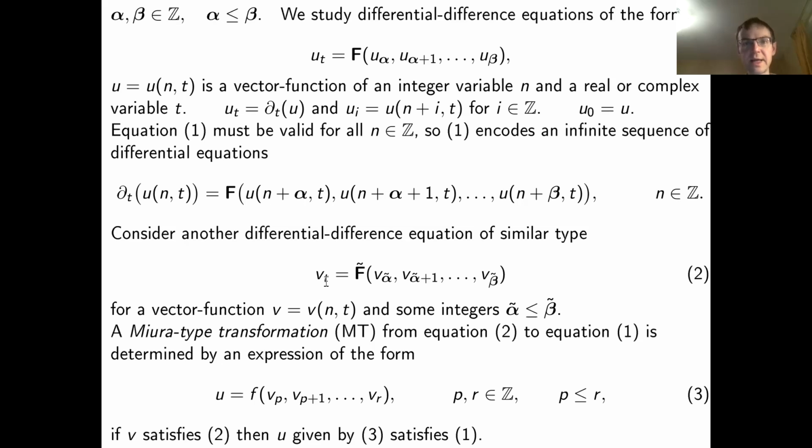Now consider another differential difference equation of similar type, and a Miura type transformation from this equation to this equation is determined by an expression of this type, such that if v satisfies this equation, then u given by this formula must satisfy the initial equation. So this is a natural generalization of the classical notion of Miura type transformations for PDEs.